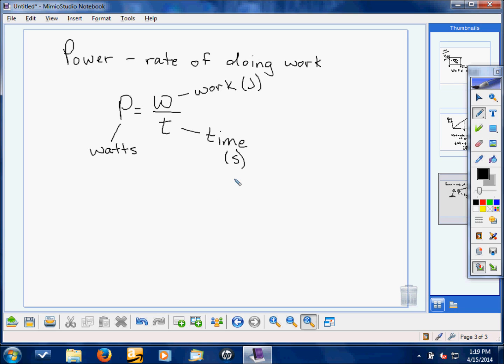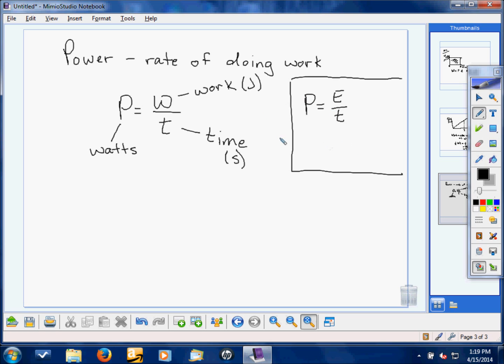Now another thing that's a little sideline that I just want to mention. You know how work is very closely related to energy? Another way to think about this is just a sidebar, but power also is energy divided by time.